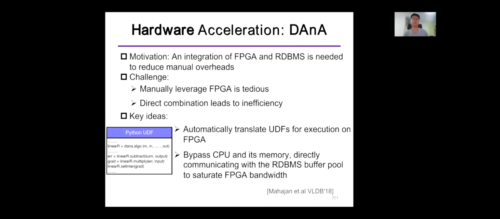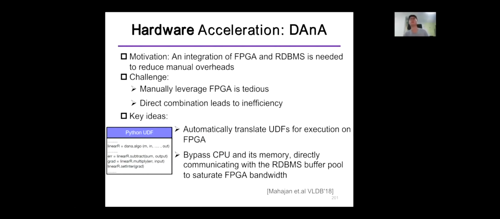Hardware is always utilized to accelerate machine learning algorithms, like GPUs. Recently, many researchers have studied how to use specialized hardware design to accelerate the in-database execution of complicated data analytics. DANA is a work about the integration of FPGA and DBMS. The challenge is that manually leveraging the FPGA is tedious, and we need to write the FPGA code.